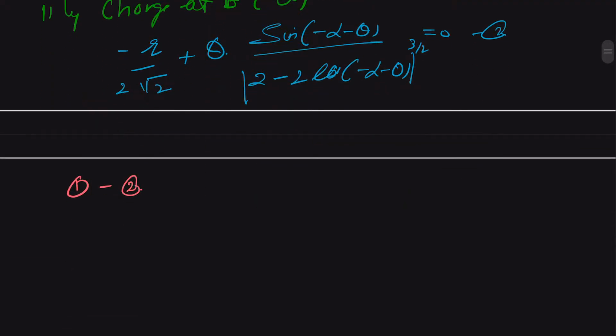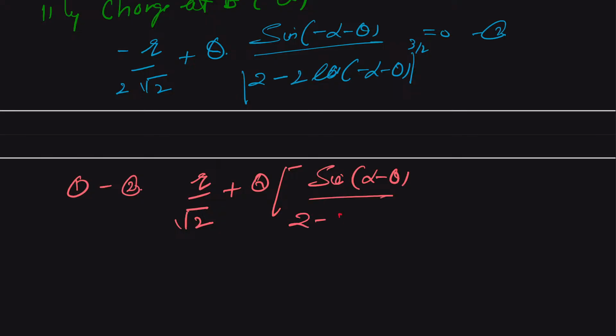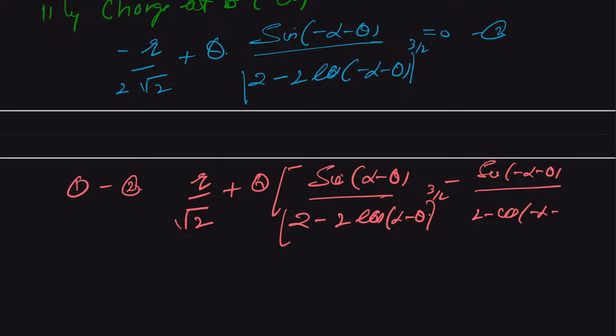So we get q upon square root of 2 plus q, and we have sine of alpha minus theta divided by 2 minus 2 cos of alpha minus theta, whole 3 by 2, minus sine of minus alpha minus theta divided by 2 minus 2 cos of minus alpha minus theta, whole raised to power 3 by 2, is equal to 0.